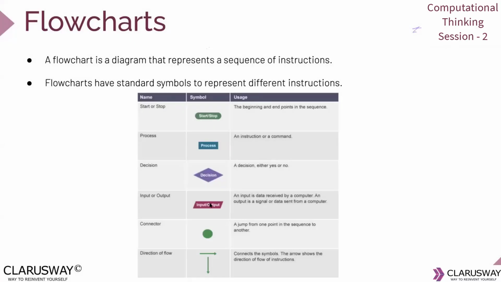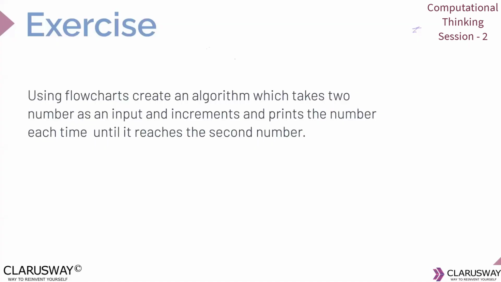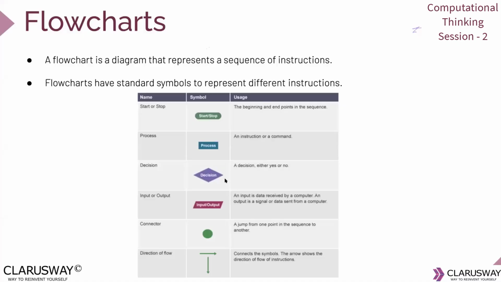You will need two of them, in fact, or in one of them, you can also take two inputs. That's also okay. So it will be called number 1 and number 2. You will take two inputs. And after that, you will have a decision box, which compares number 1 to number 2. And there it will say decision, if number 1 is bigger than number 2.